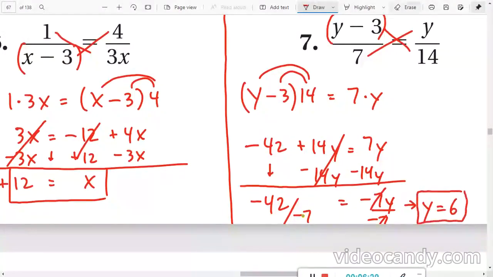All right. And of course, if you're not comfortable with that, you can always keep the y's negative. Okay. I could have done plus 42 on both sides and minus 7y on both sides, and I would have gotten 7y equals 42. I would have got the same answer.